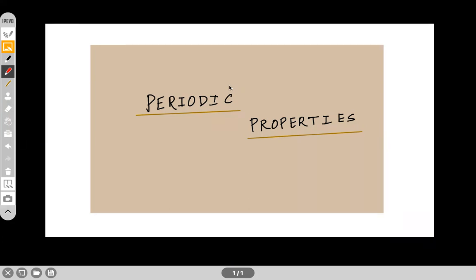Atomic size, I think we have done, no? I only have done that in last to last class only. Last class, Prabhat sir has taken the class. He must have done the other stuffs. Or you revise the things in the last class.